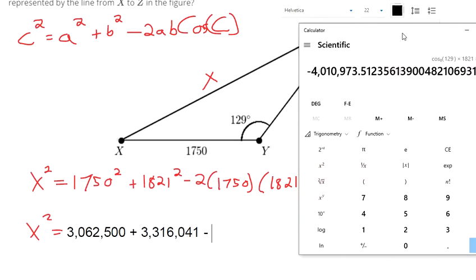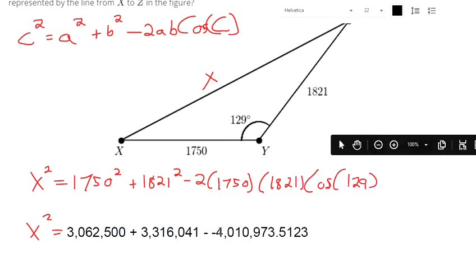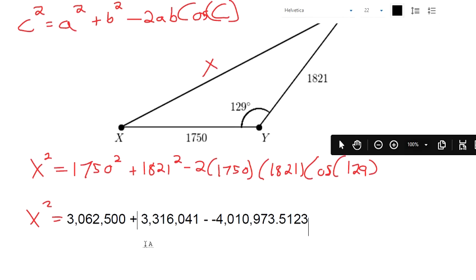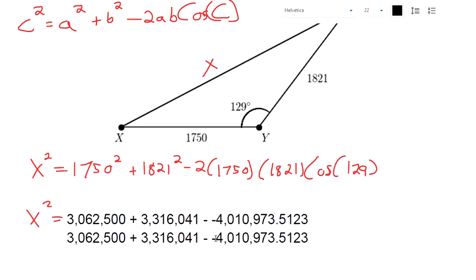So that's negative 4 million. So look, I got to put another minus here. That means it's going to change to plus, right? Because there's a minus built into the law of cosines formula, and we got a negative number out of our cosine 129. So this is going to be all this stuff added together.